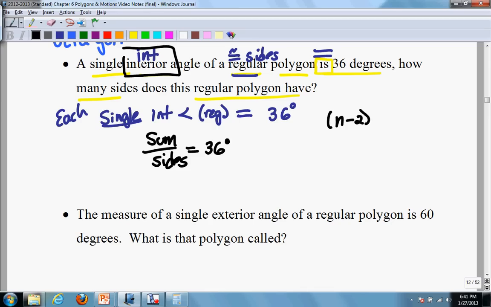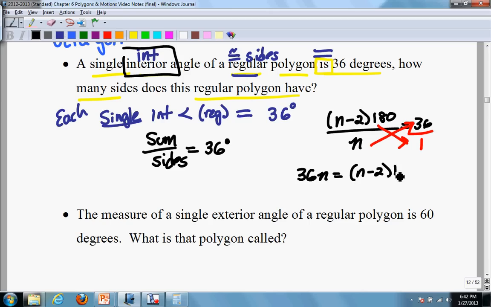Now we're going to solve for n here. The easiest way to do that is simply put this over 1, and we're going to cross multiply. So we have 36n equals n minus 2 times 180. We're going to distribute. We have 36n equals 180n minus 360.